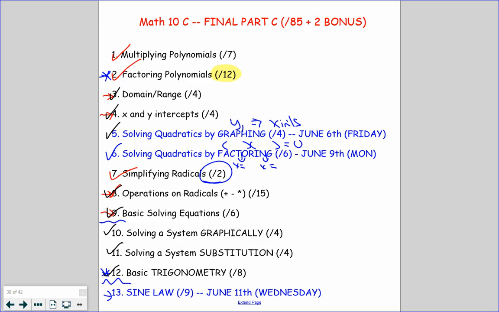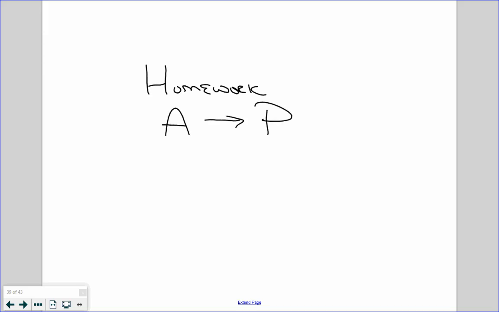Okay, so in your homework booklet, you can do everything from question A all the way to P. Okay, A to P. So in your homework, you can do A to P. You've got about 40 minutes here today to work on this.